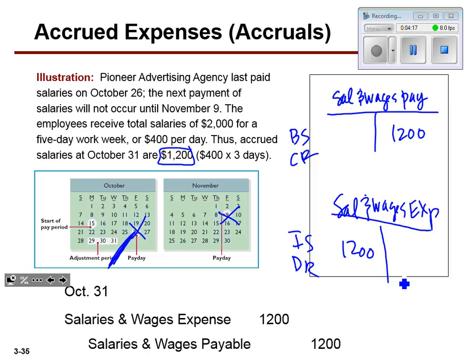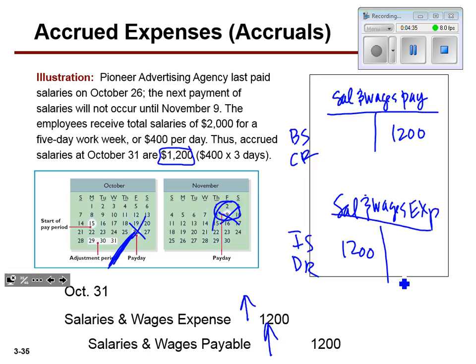If you think about it, the expense of the business went up in those 3 days because we have to eventually pay our employees, but the payable or the liability goes up because we're not going to pay them until November 9th. We owe them that.